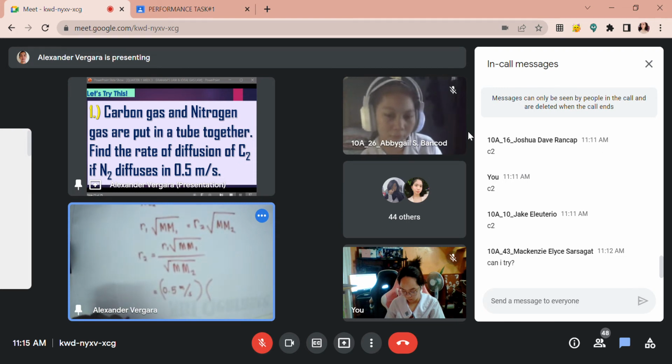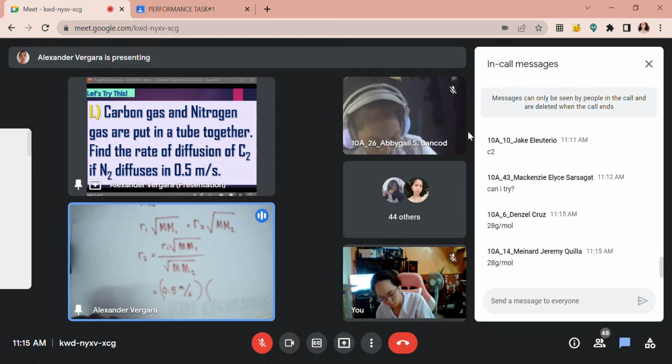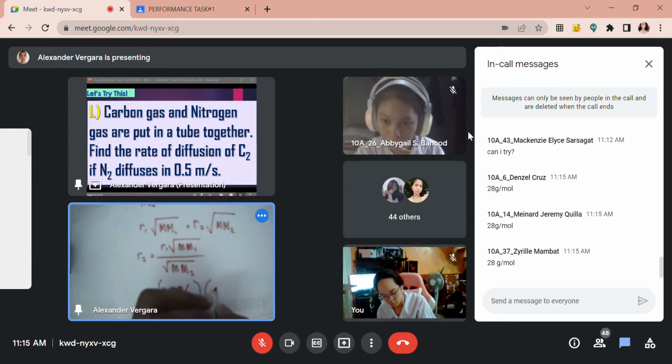That will be 28 grams per mole. Is it the 28 grams? Yeah, that is N2.